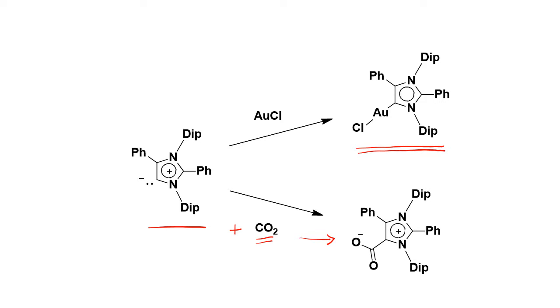Interestingly, it was possible to not just make a metal complex, but also this carbene carbon was now capable of adding carbon dioxide and forming a CO2 adduct. And that is just a matter of theoretical interest, but it tells you that this is a carbene carbon. You can write it in the zwitterionic form, which we have done here, but you could also write it in a neutral form.